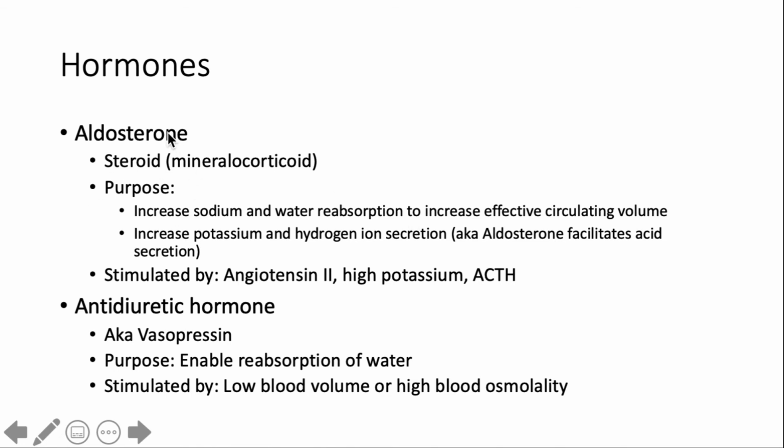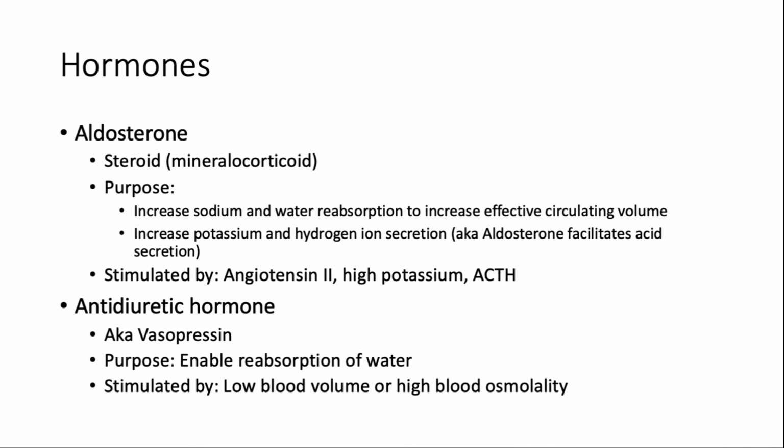The first is aldosterone, and it's a mineralocorticoid, which is a steroid created in the adrenal cortex. The purpose is to increase sodium and water reabsorption because sodium and water are going to follow one another. So if we absorb more sodium or more water, then we're going to be able to increase the blood volume and, more importantly, the effective circulating volume, which is the volume inside the vessels.